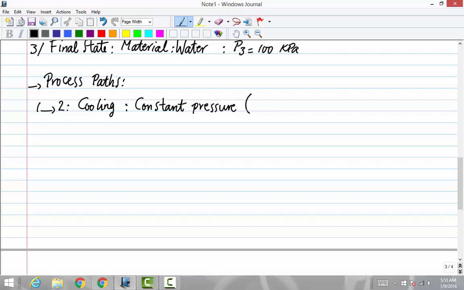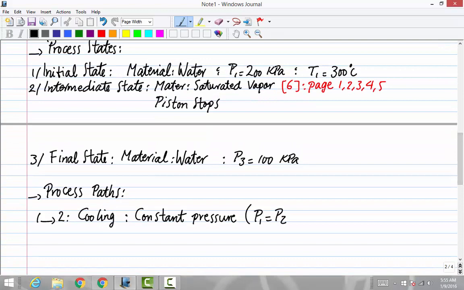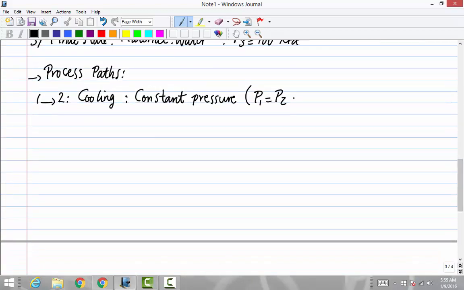Which means in parameters that, traveling from point 1 to point 2, P1 equals P2. And if you go back to the summary, we know that P1 is 200 kPa, which means that P2 should be 200 kPa as well.